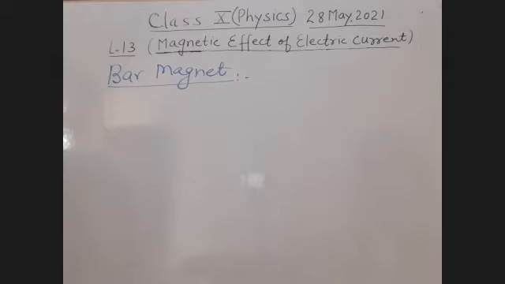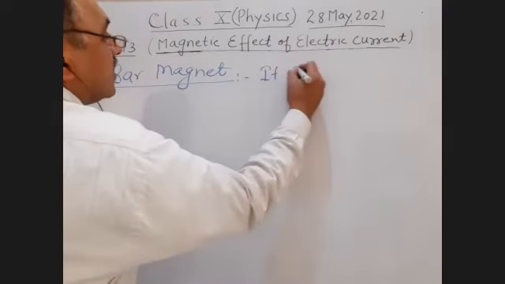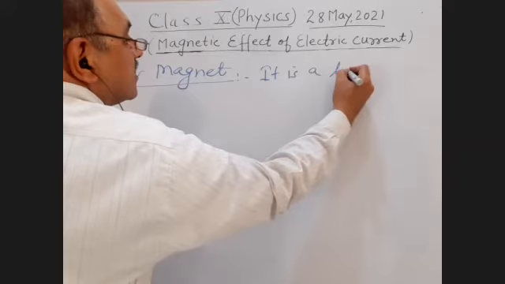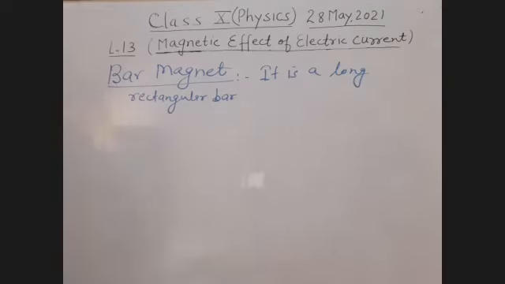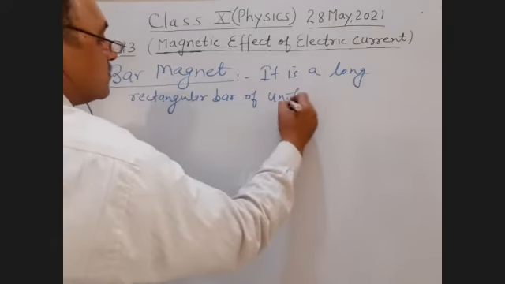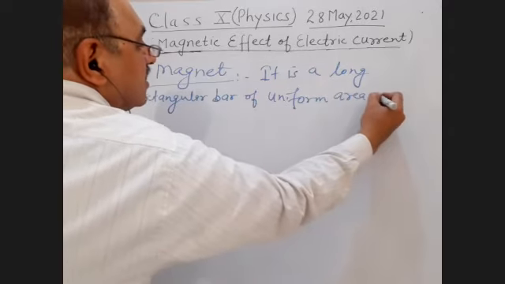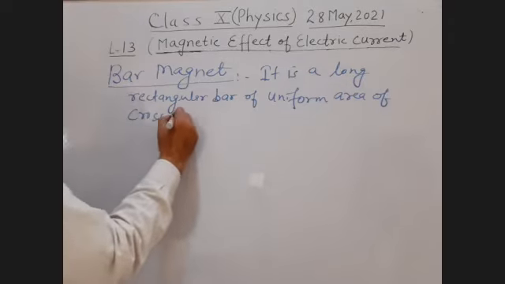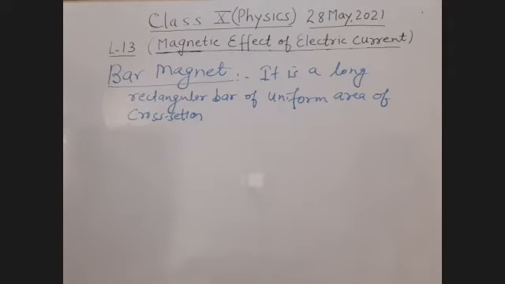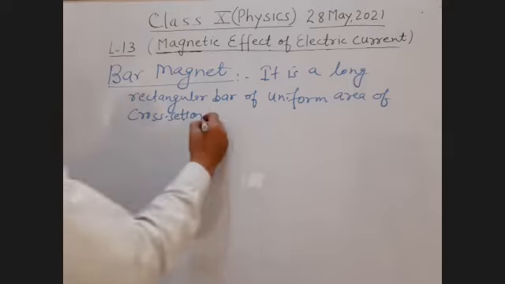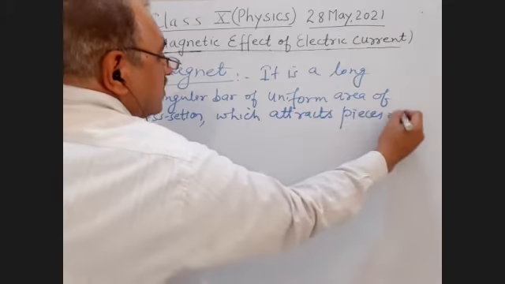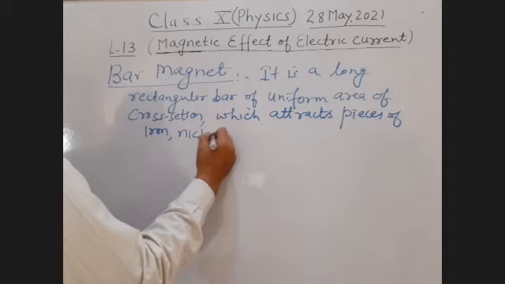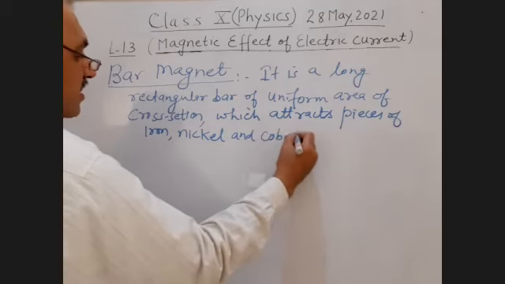Now students, a bar magnet is a long rectangular bar of uniform area of cross-section which attracts pieces of iron, nickel and cobalt.